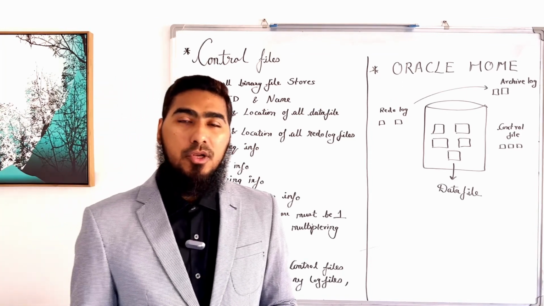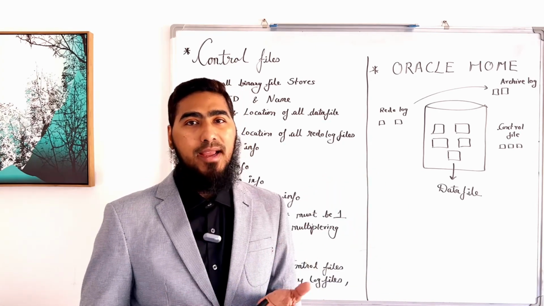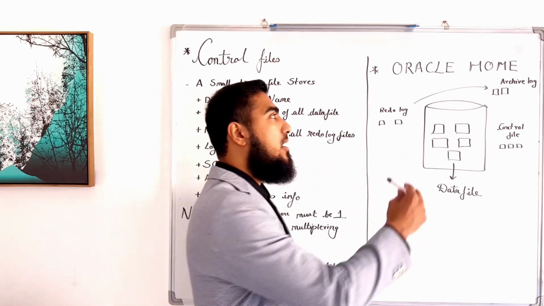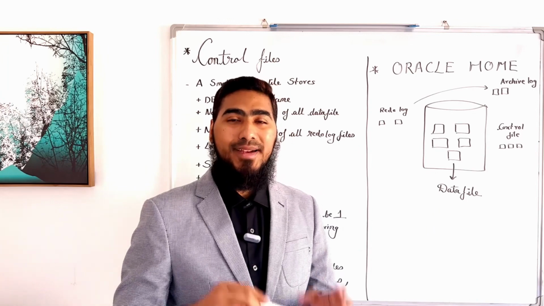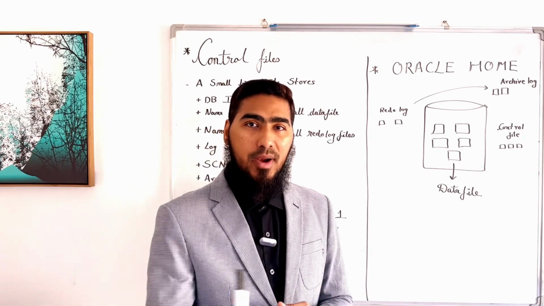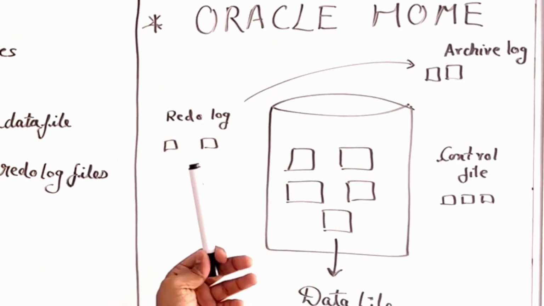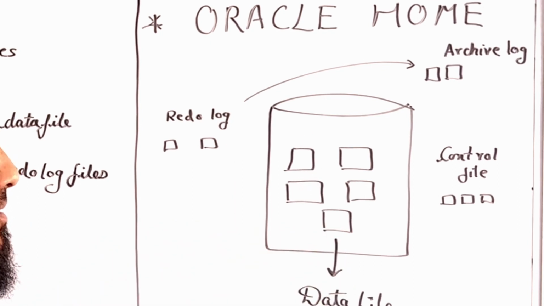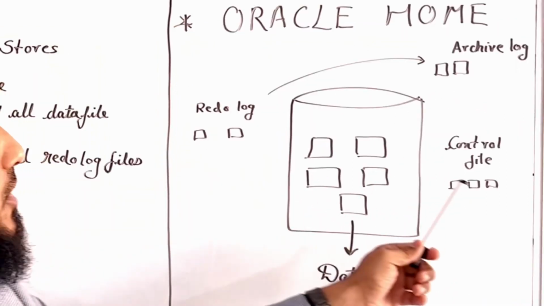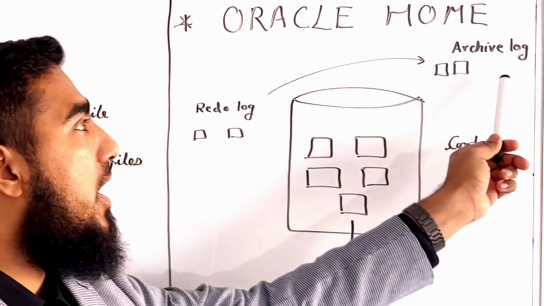We will just have a very high level view of Oracle Home. When we say Oracle Home, we are considering this structure, not a detailed one, just a high level so that it helps us understand the Oracle instance better. When you say Oracle Home, you may have the Oracle data files, which store the data, then you have the control file, then redo log files, and then archive logs.